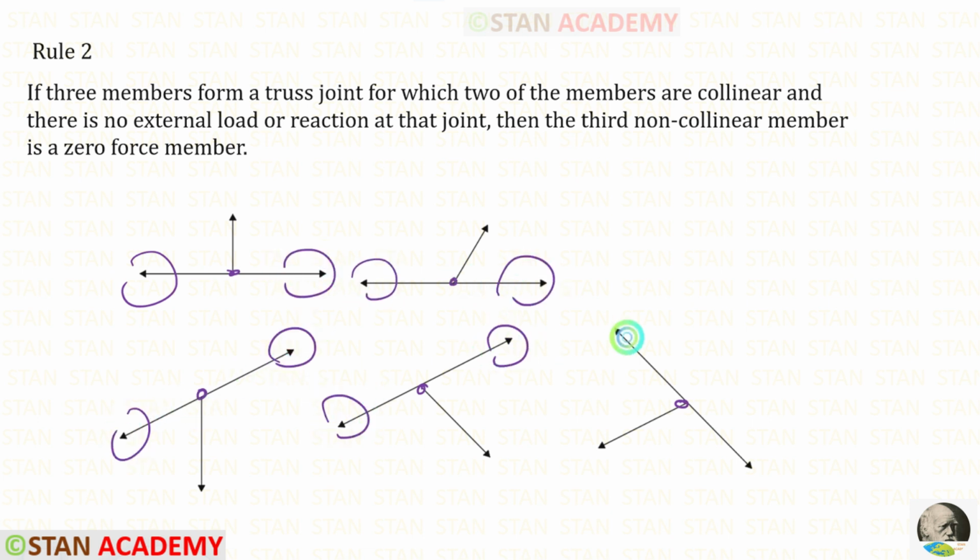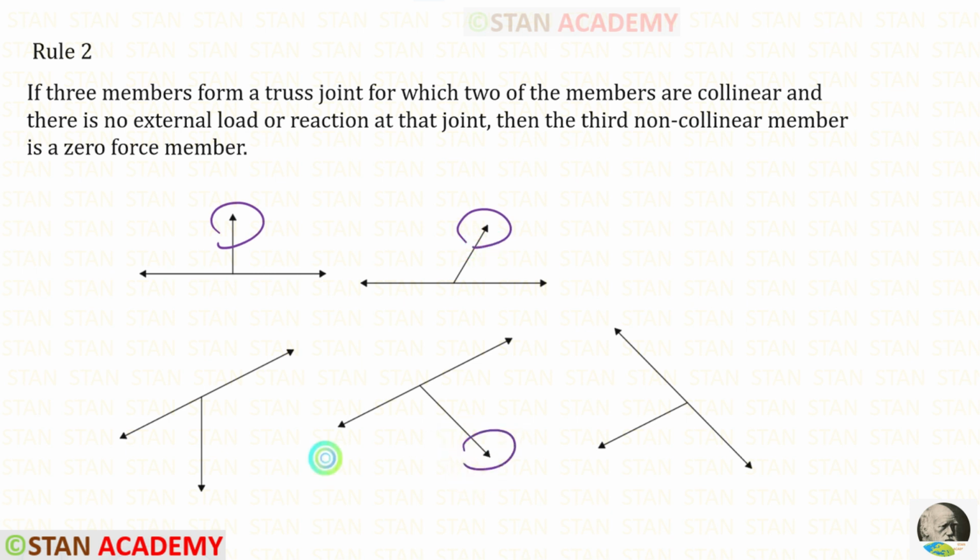These are collinear. And in these joints there is no external load or reactions. Then the third non-collinear member is a zero force member. These are the third non-collinear members. As per the rule, these are the zero force members.